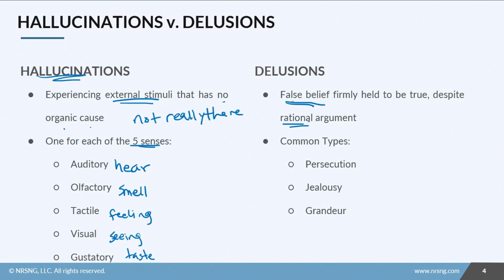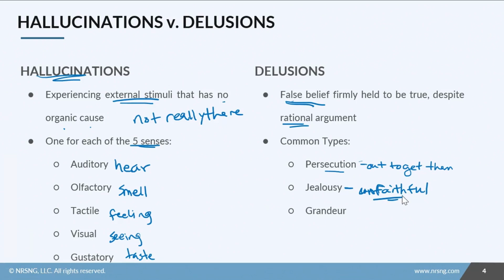So some common types of delusions are delusions of persecution. This is where you kind of feel like everyone's out to get them. So it's kind of a paranoia, but it's really more like everything everyone does is to harm this person. Delusions of jealousy is when they feel like their loved one is being unfaithful, even though they have plenty of evidence that actually tells them that's not true.